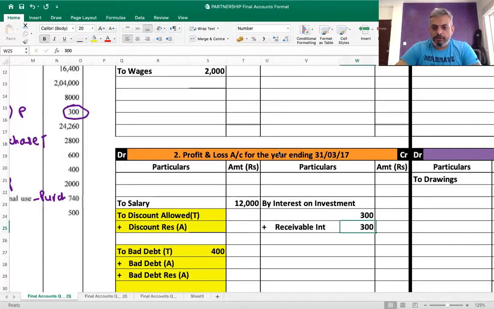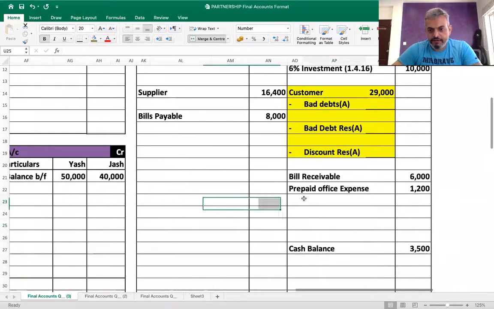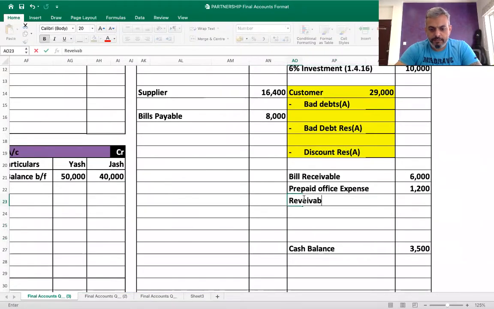So outer column 600. Give the second effect. Balance sheet asset: receivable interest on investment 300.